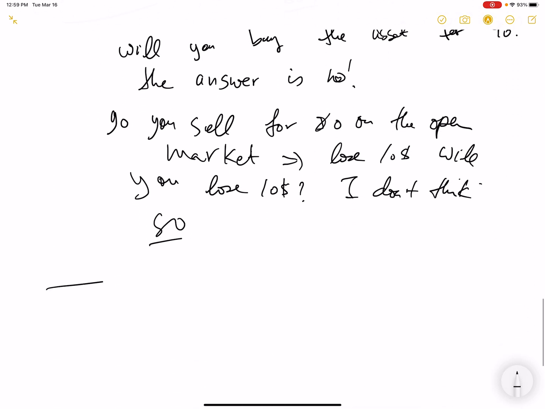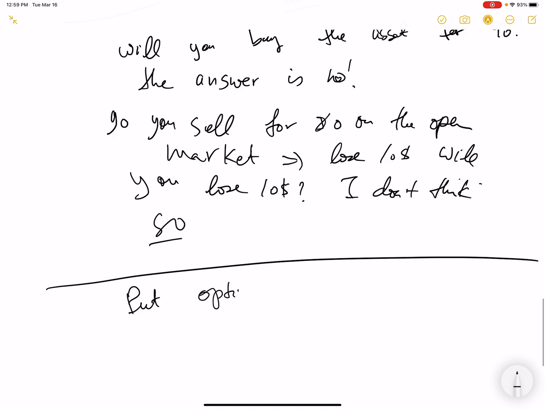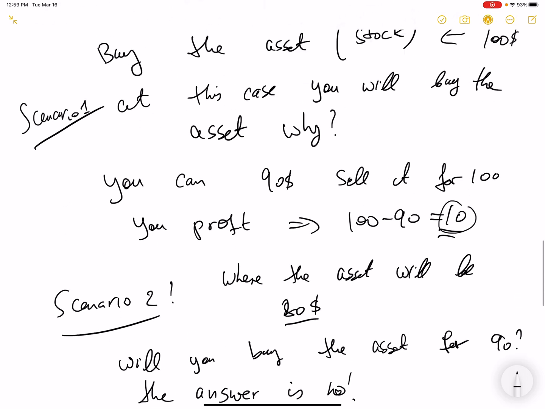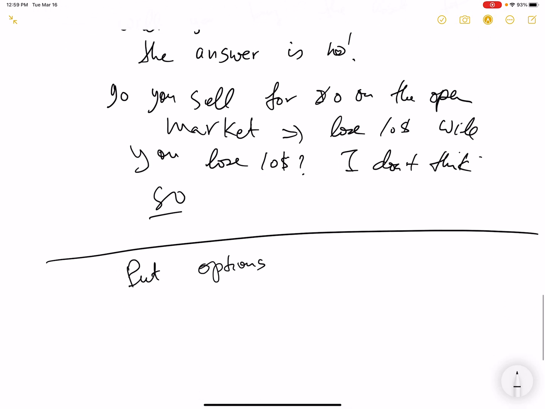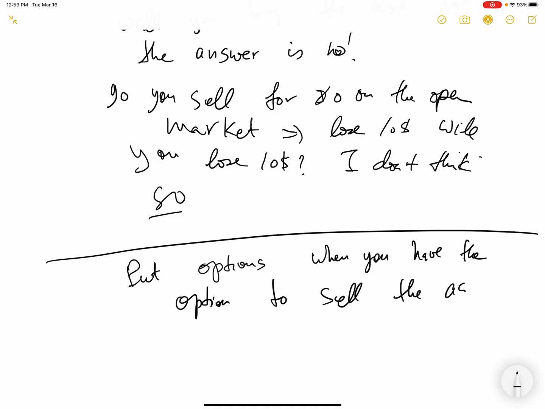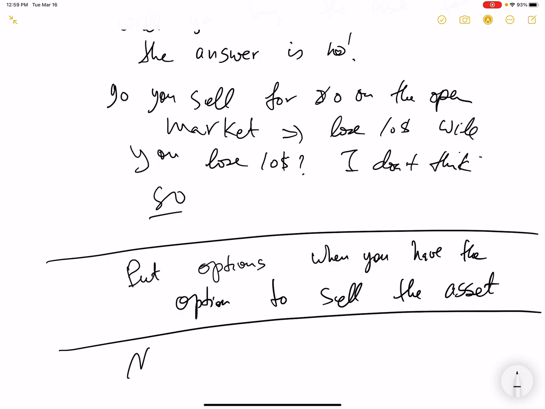Now what about put options? So call options is when you have an option to buy the asset. Put options when you have the option to sell the asset. Well, in this case, it will be a mirror image.